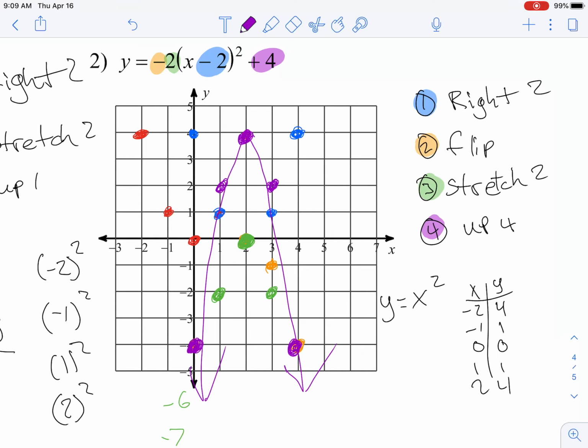So I'm going to show you a different way in our next lesson where we're using the tables. So if you didn't really like creating a bunch of different points and then changing them one at a time, then you may prefer the other way where we're using a table. But again, the whole purpose of Unit 14 is to show you how many different ways there are to graph a quadratic.